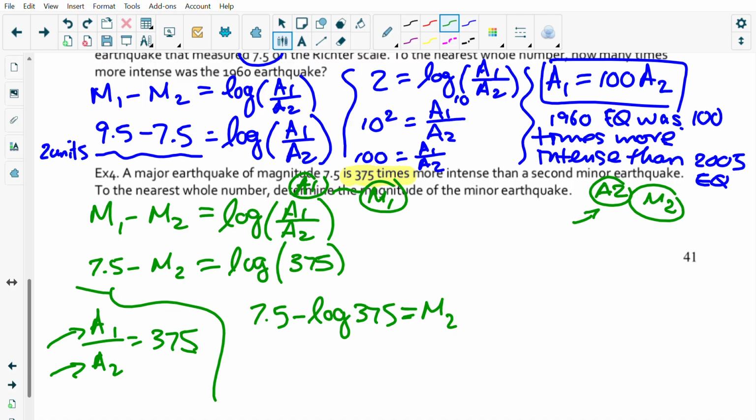And then this one you'll need a calculator. So 7.5 minus log of 375.